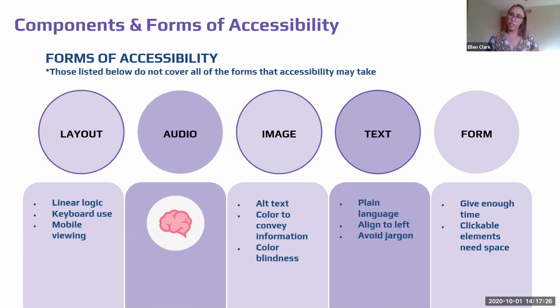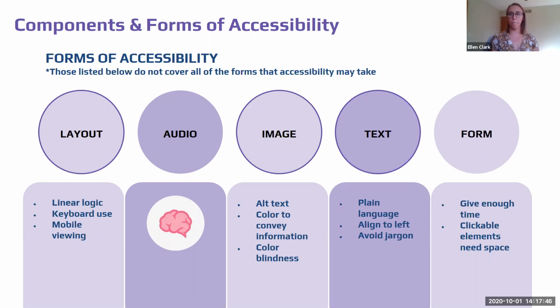Ensuring that people can navigate your layout using only a keyboard is another great step. Building consistent and simple layouts. So making sure if we're talking about a website, all of your pages have a similar layout. That's another way to implement accessibility.